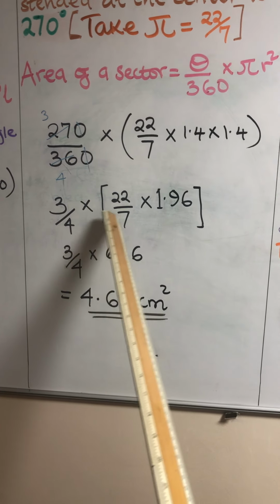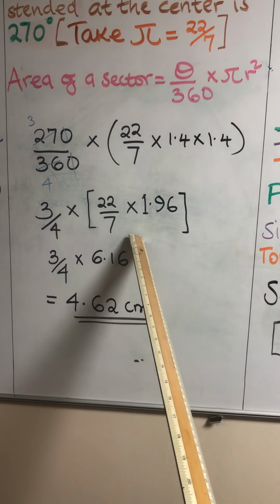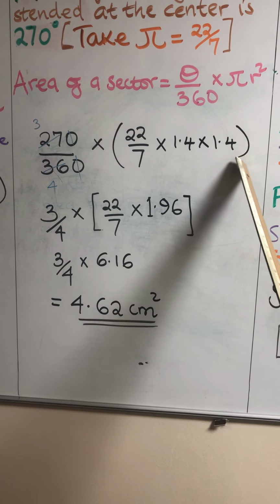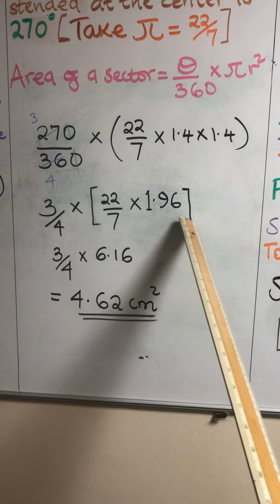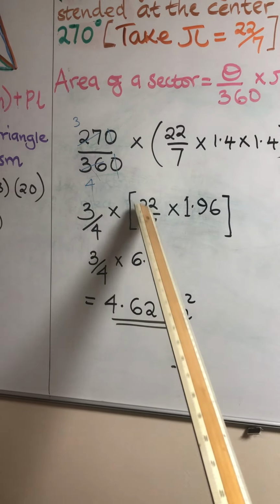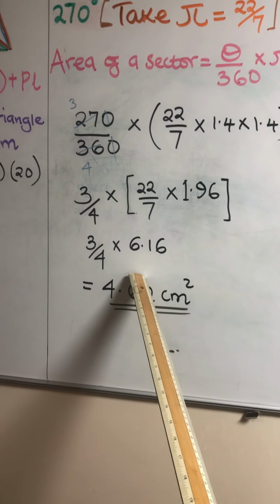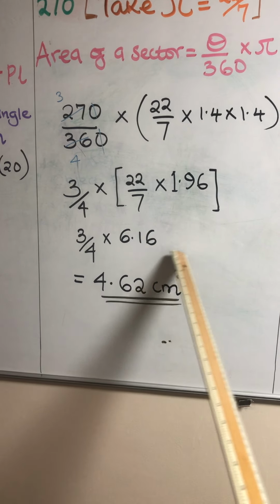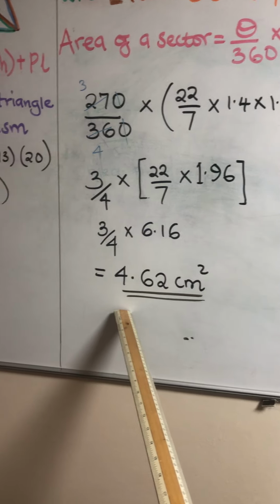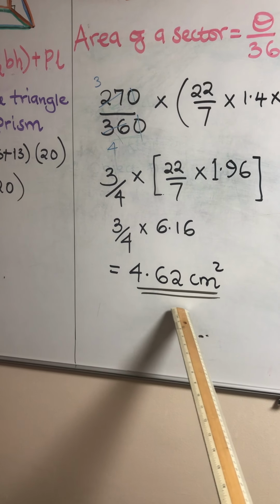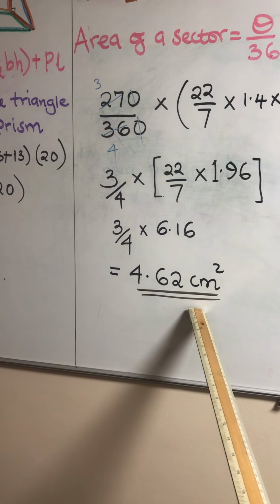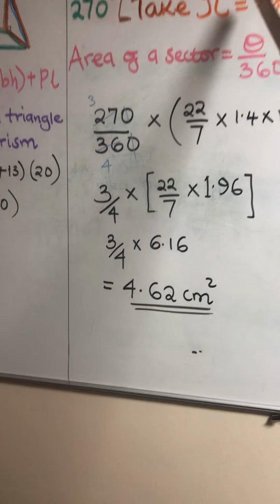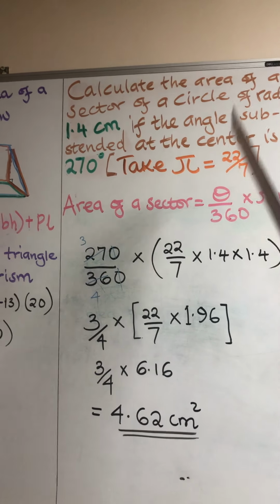So 3/4 times 22/7 times, of course, the 1.4 squared gives us 1.96. Then after doing this calculation, I got 6.16. So we're going to have 3/4 times 6.16, which gives us 4.62 centimeter square. So that is the area of the sector as per our question.